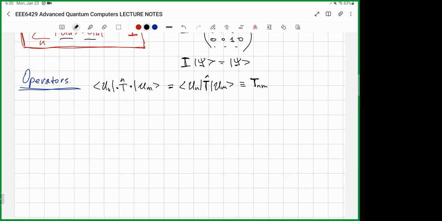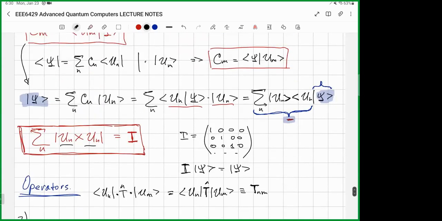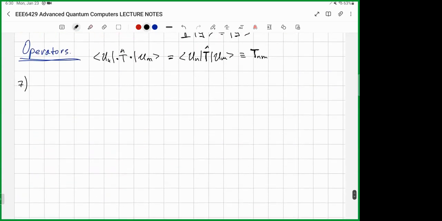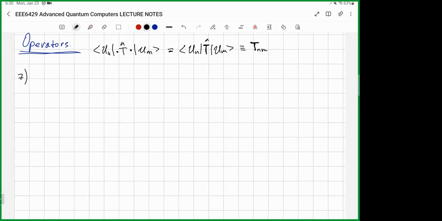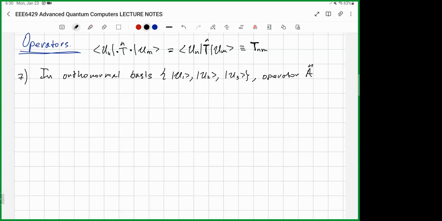Okay, and now let's practice this a little. So this, yeah, the seventh problem is: in an orthonormal basis with orthonormal unit vectors u1, u2, and u3, operator A acts as follows.